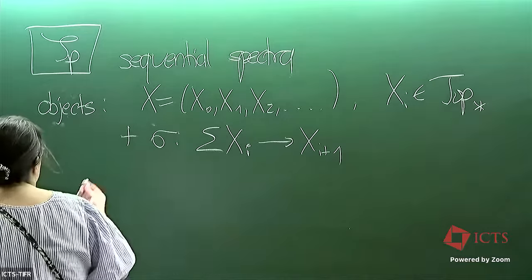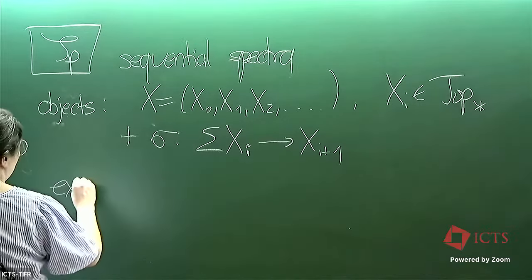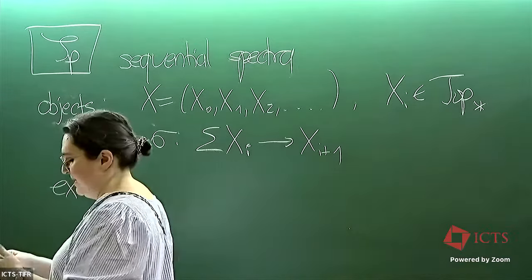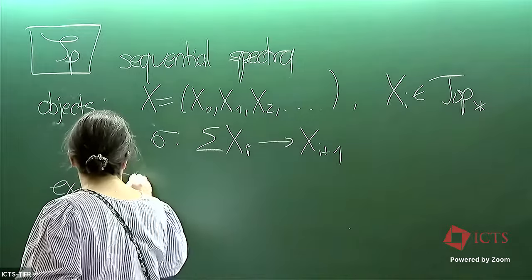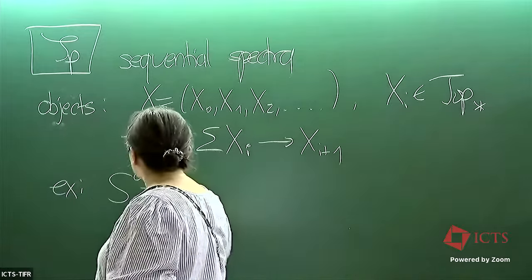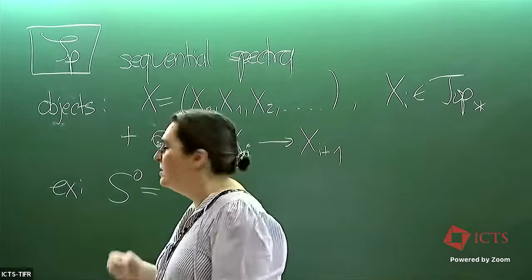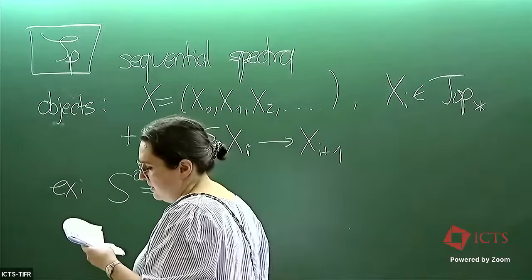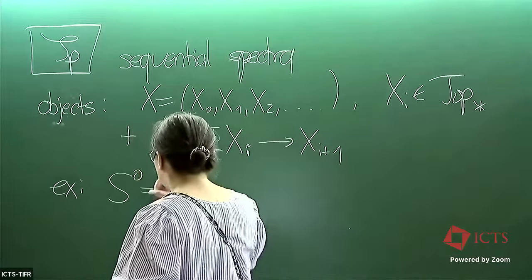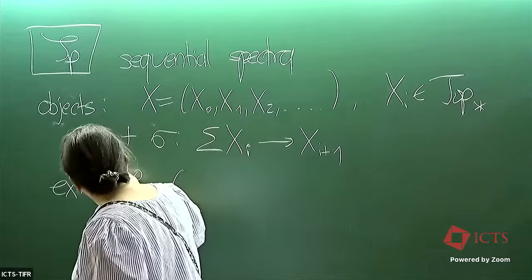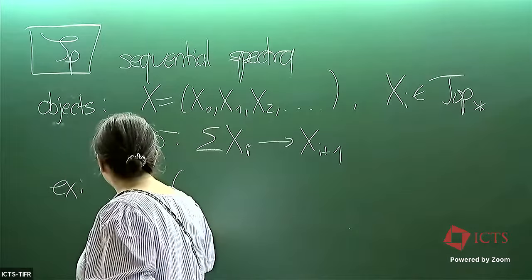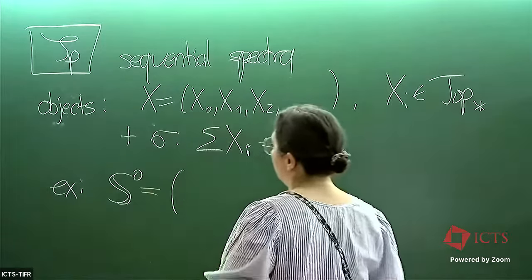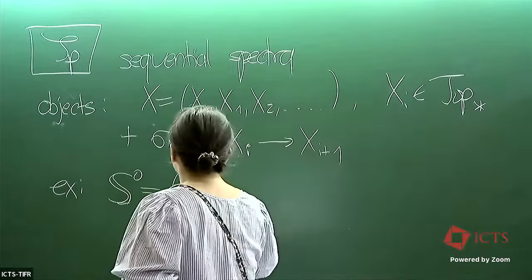As an example, the best spectrum is the sphere spectrum, for which there are so many different spheres to write down.